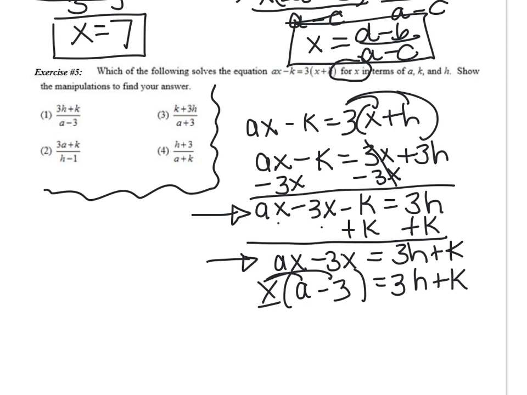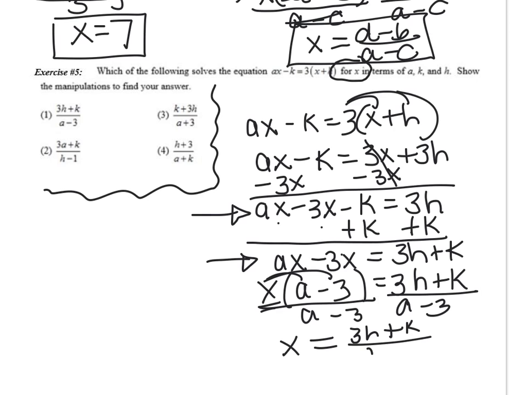Now that that x is isolated, we can divide both sides by a minus 3. We end up with an x value of 3h plus k divided by a minus 3. Do you see that as an answer choice? I do, it's choice 1.